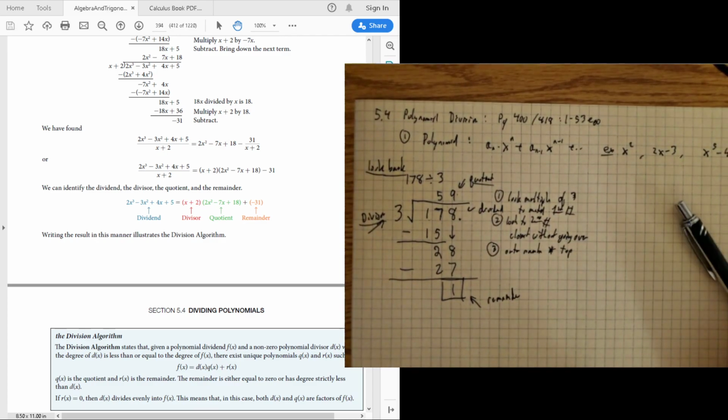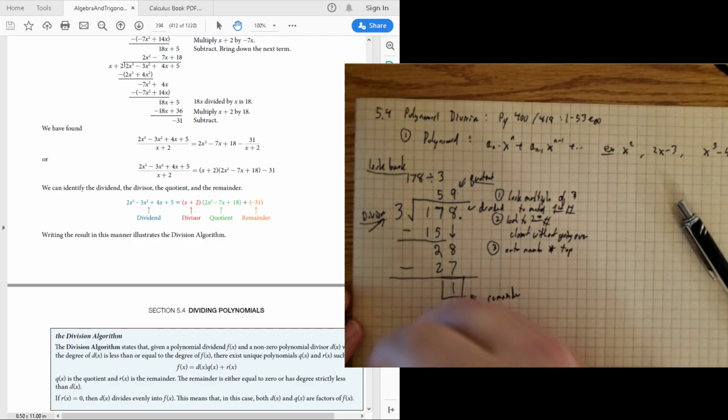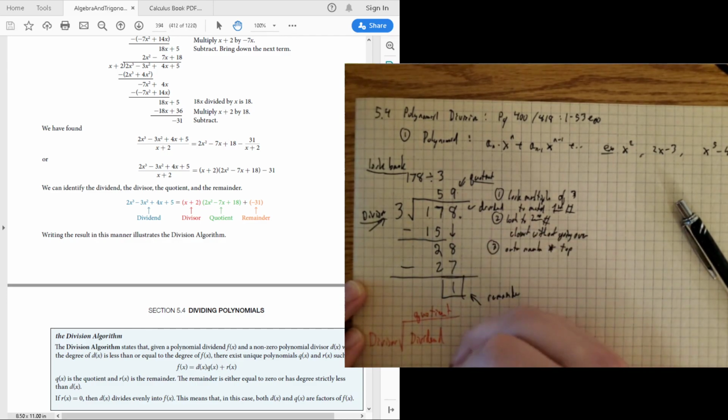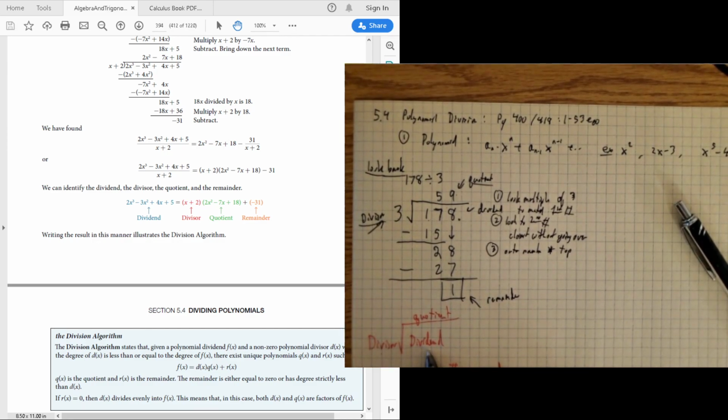In every problem, you would have a number on the inside called the dividend. You have the divisor on the outside. You have the quotient, which is on top, and then you have the remainder, which is the leftovers. So divisor, dividend, quotient, remainder.